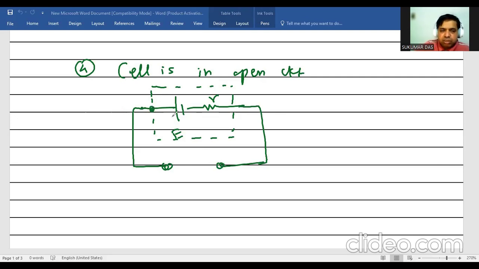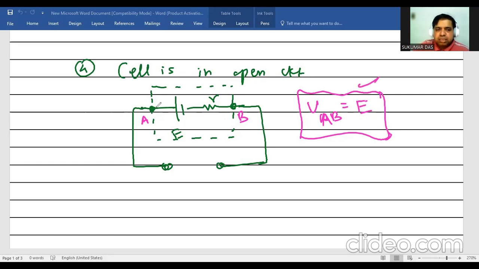So in that scenario, since current is not flowing through it, the potential difference between A and B will be the same as that of the EMF. So the potential difference between AB is simply E. And in fact, this is the definition that is used to define the EMF of a cell. We can say that the EMF of a cell is defined as the voltage across its 2 endpoints when the cell is in open circuit.